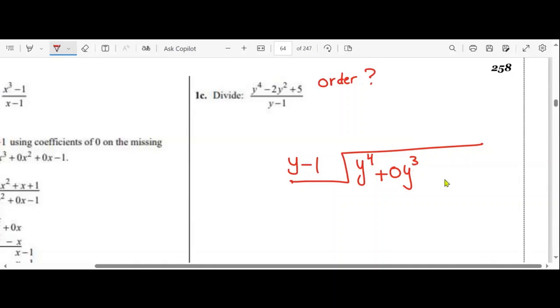It's multiplied by 0. Yes, we have to put it. Where is y to the power 1? Is this clear? So if it's not there, you have to put it. Clear? So this one is not here, this one is not here. You have to put it because it goes with order, right?